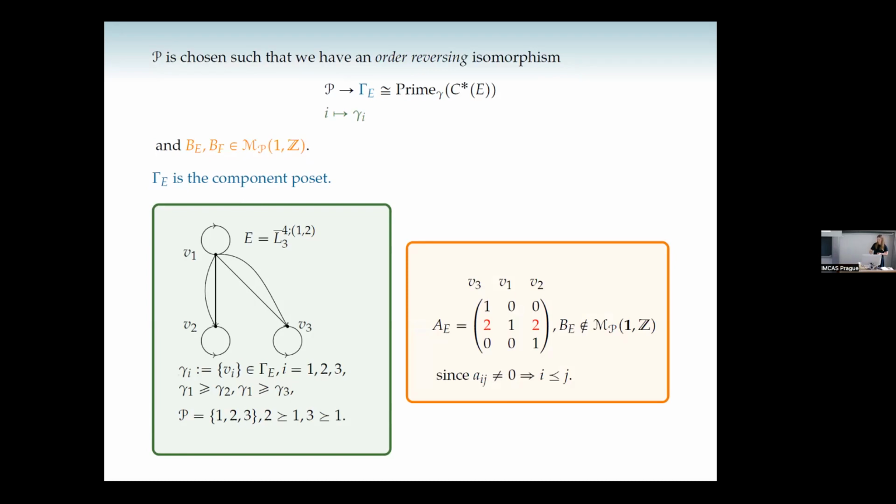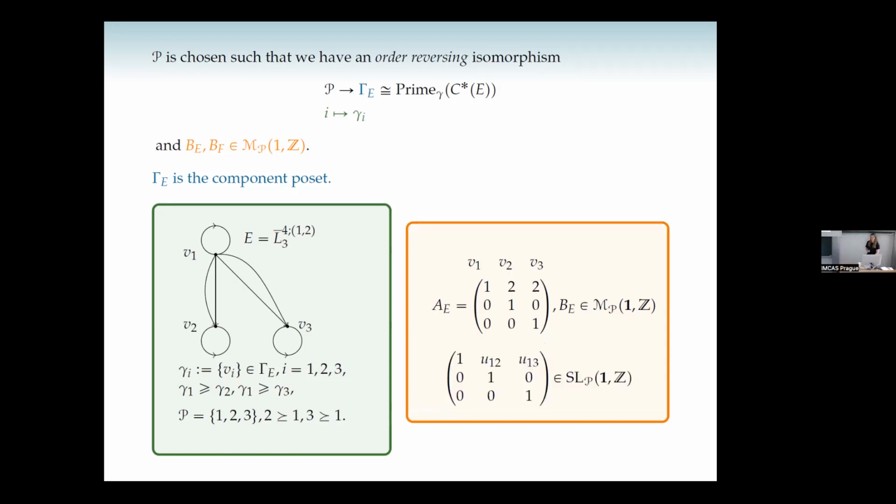Here we have one edge from V3 to V3, two from V1 to V3, and so on. But then we see that using this order over here, we cannot have 2 here because this is a 2, 1 entry, and 2 is not less than 1 in the order over here. So I have to write my matrix in another form, and now it's more intuitive.